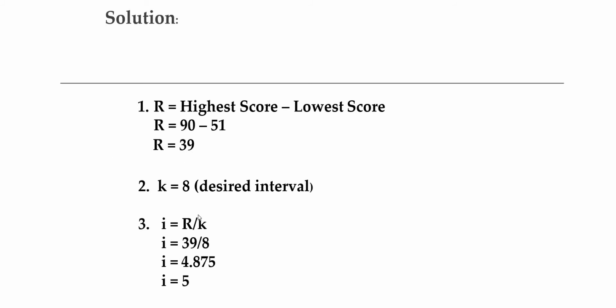So 39, the range, divided by K, the desired interval, which is 8. The class size, I, is equal to 4.875. Rounding it off, 5. That means our class interval, the gap, which is also sometimes called the range, is 5. So how do we place it?